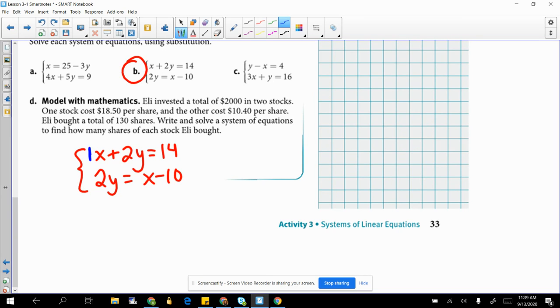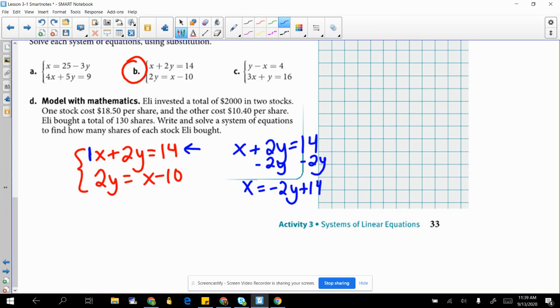So I'm going to try to get x by itself in this first equation. So x plus 2y equals 14. If I want x by itself, I'm just going to subtract over 2y. When I do that, I know x equals negative 2y plus 14.